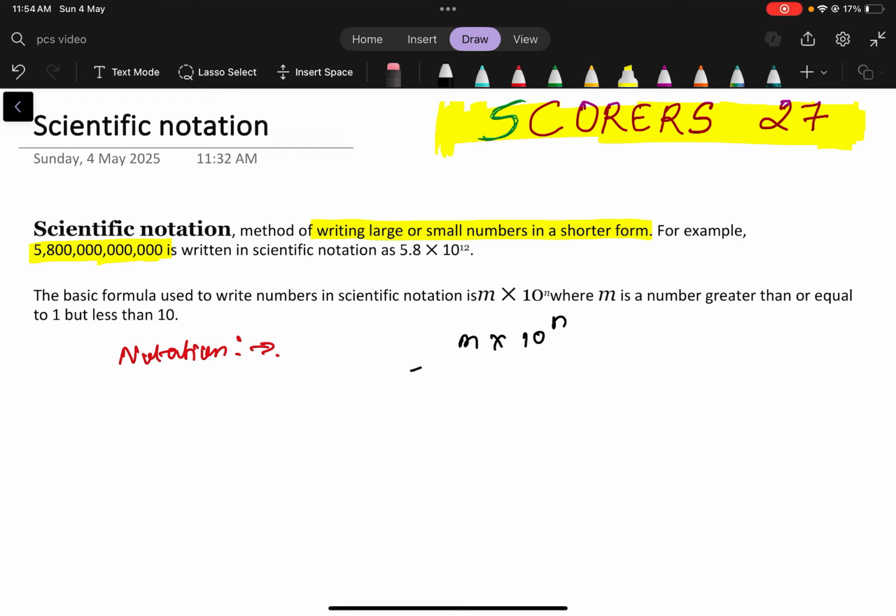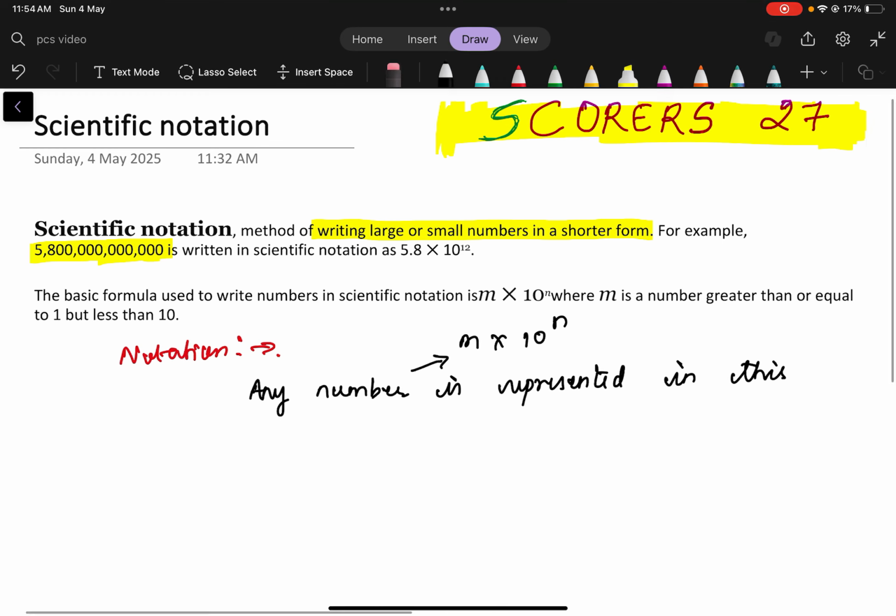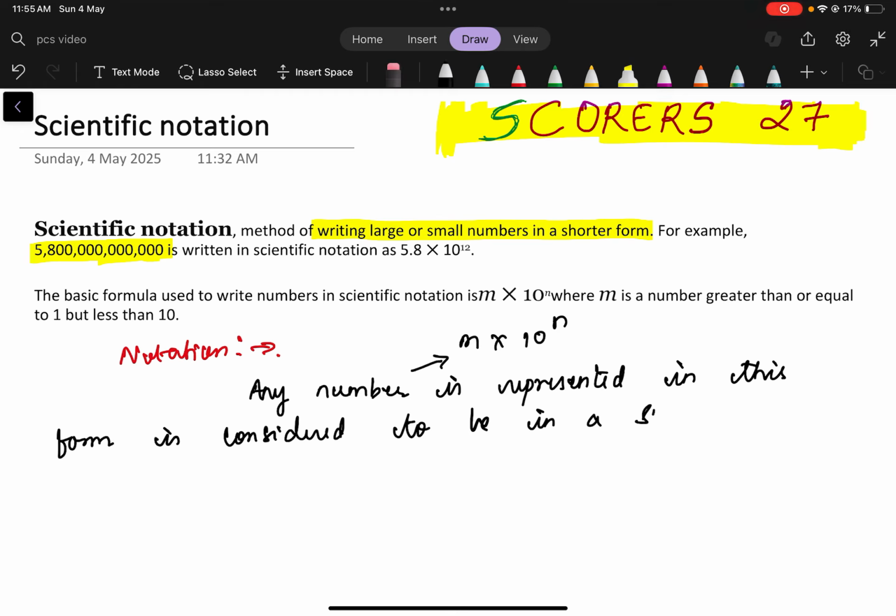So any number you can write down, कोई भी number which is represented in this form is considered to be in scientific notation.